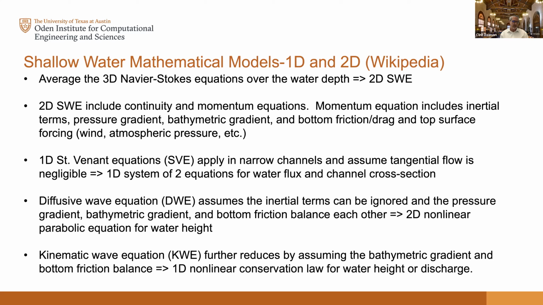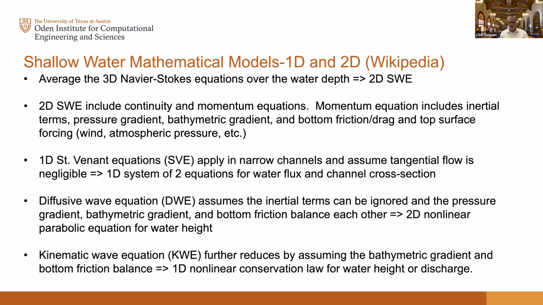And then finally, an even further simplification of these models is the kinematic wave equation. This again is a 1D equation used in channels where you have a fairly steep slope. And so the slope gradient and the bottom friction are assumed to balance.